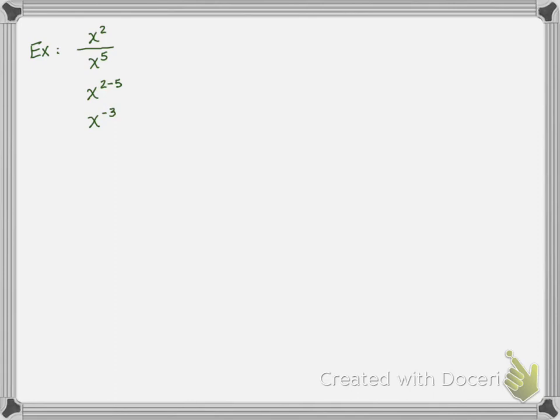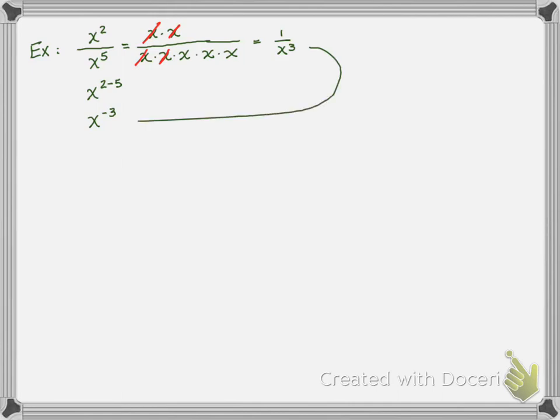But thinking about, again, that definition of what it means to be an exponent as repeated multiplication, this is also x times x over 5 factors of x. And so if we cancel our common factors, we get 1 over x to the third. So again, if our quotient rule is true and our definition of exponents is true, these two things have to be equal to one another.